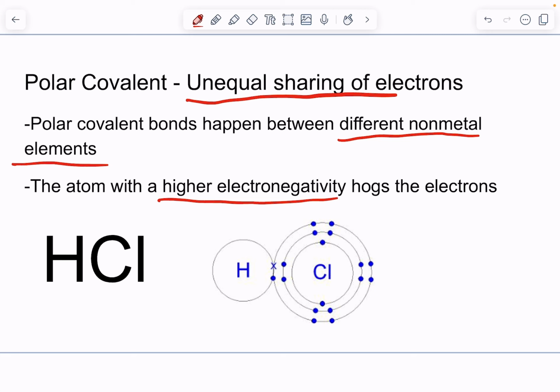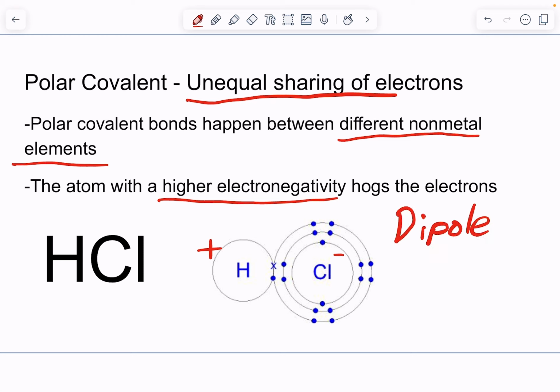So between hydrogen and chlorine, if we look on the periodic table, chlorine is much closer to the top right of the periodic table, so it must have a higher electronegativity. Because of that, it's going to pull electrons closer to the chlorine side and make it more negatively charged over here, leaving the hydrogen side more positively charged. We call this a dipole.